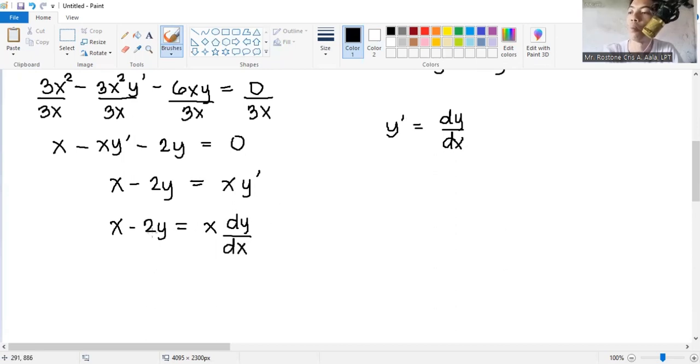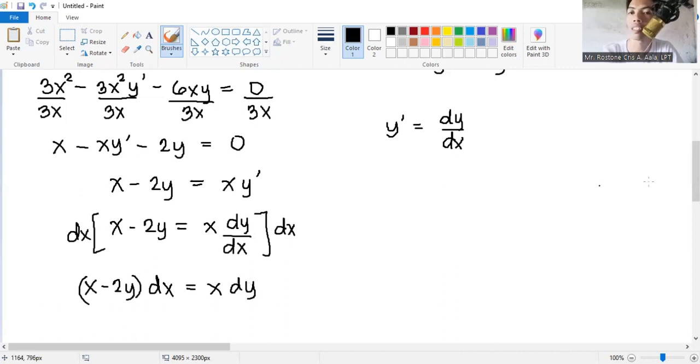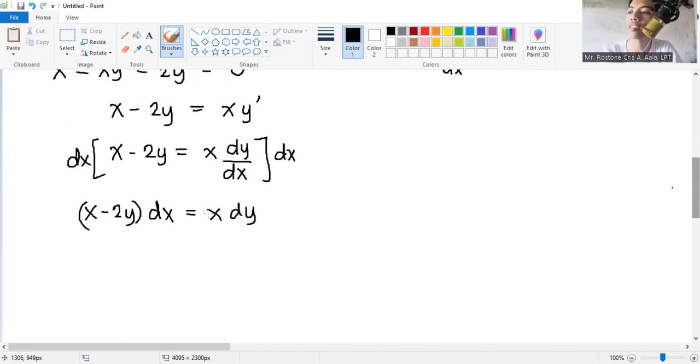So now, multiplying this equation by dx, we can now have the quantity x minus 2y dx is equal to x dy. And in this case, we can transpose x dy on the left side so that we can have the quantity x minus 2y dx.